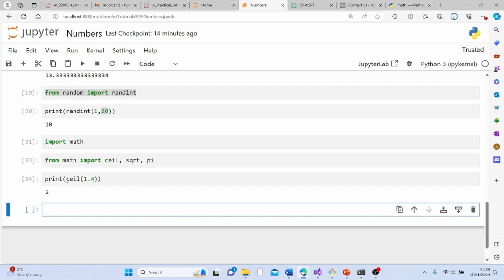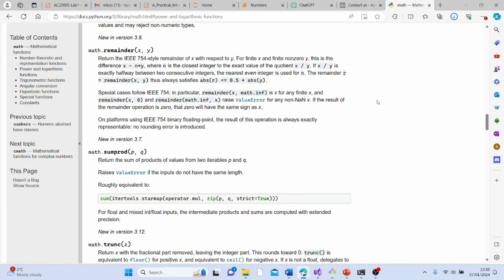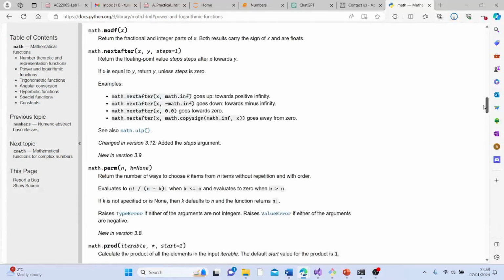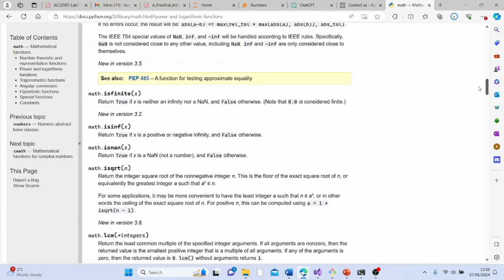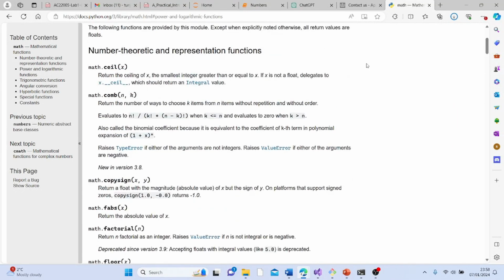So what does ceil do? What do they talk about ceil here? Let's go to the documentation and see. So math.ceil returns the ceiling of x, the smallest integer greater than or equal to x. If x is not a float number, delegate.